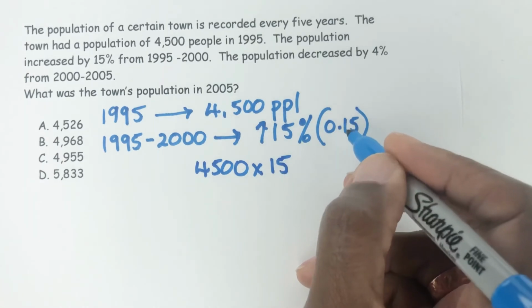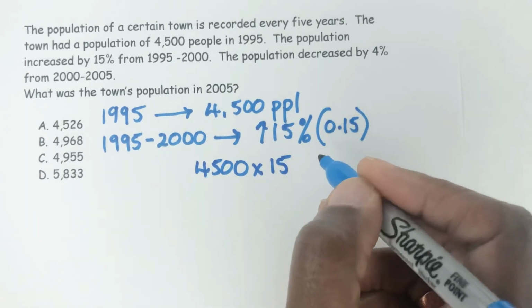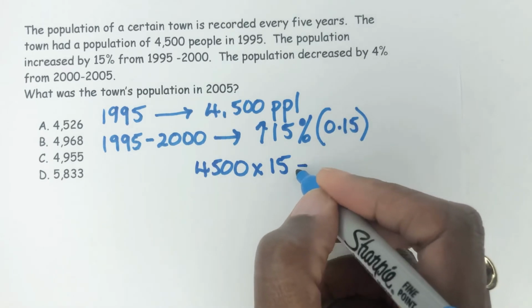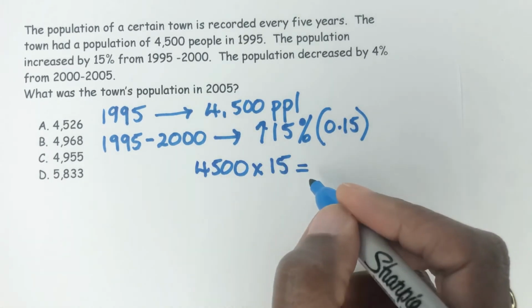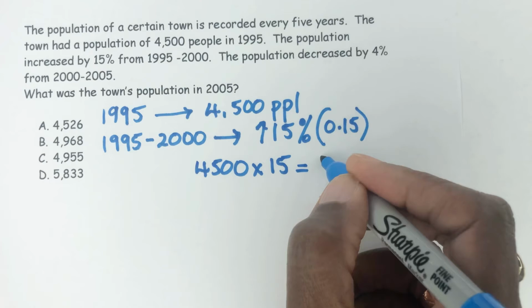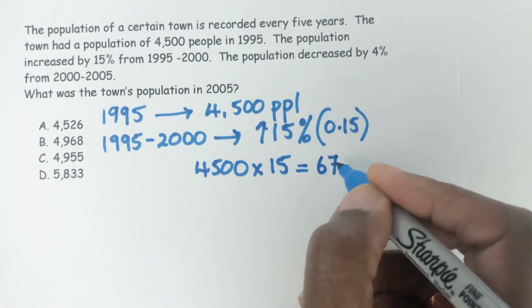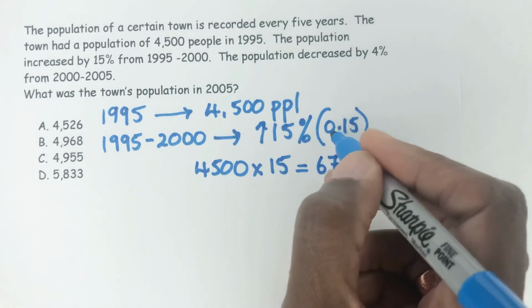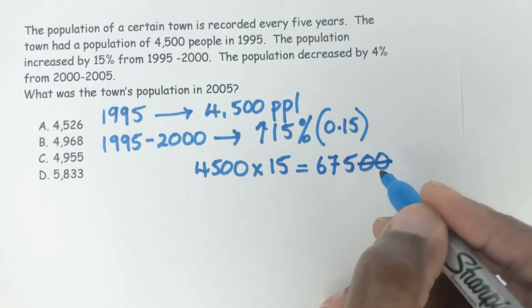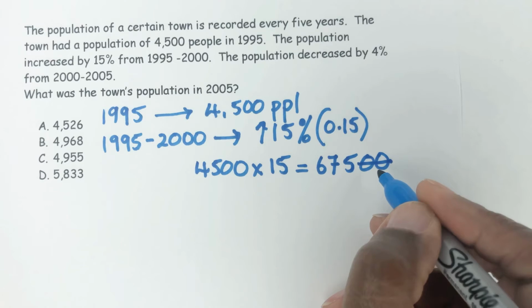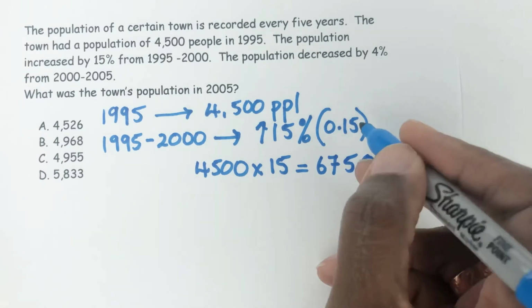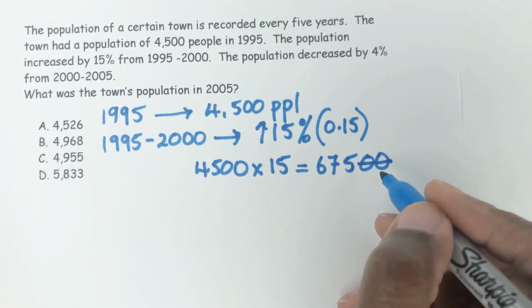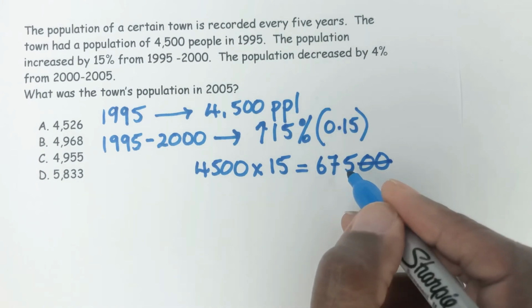I'm doing it without the decimal conversion. I'm not going to do any calculations, but it would come to 67,500. Because you're not using the decimal, you would get rid of these two zeros at the end because you would divide by 100. Dividing by 100, you get rid of those two zeros. So the answer is 675.